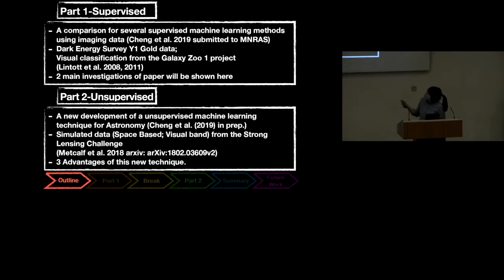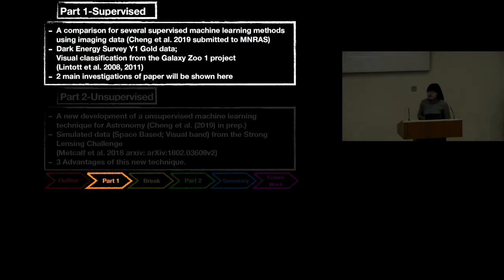In part 1, I'll focus on supervised machine learning, which is my first project in my PhD. I compared several common supervised machine learning methods using imaging data, and compared them with the convolutional neural network.